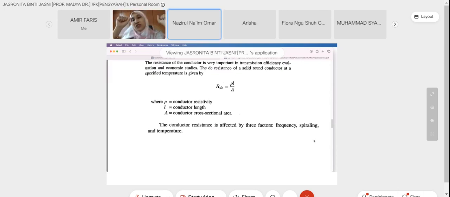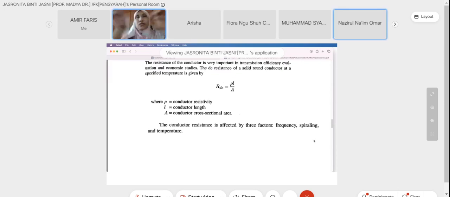Because remember that we need to transmit the power quite a long way using the transmission line, right? Because we want to transmit from one place to another place. We will relate with all these factors.